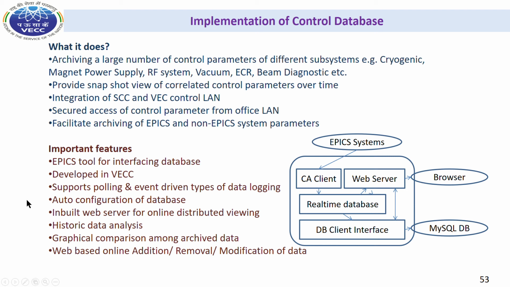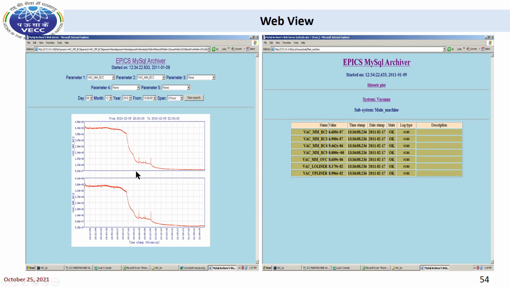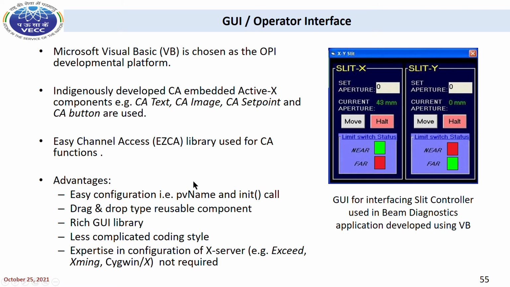It provides historic data analysis facility and graphical comparison of archived data. Here we see the screenshot of the online textual and trend plot in the browser. This is the GUI, also termed as operator interface or OPI.